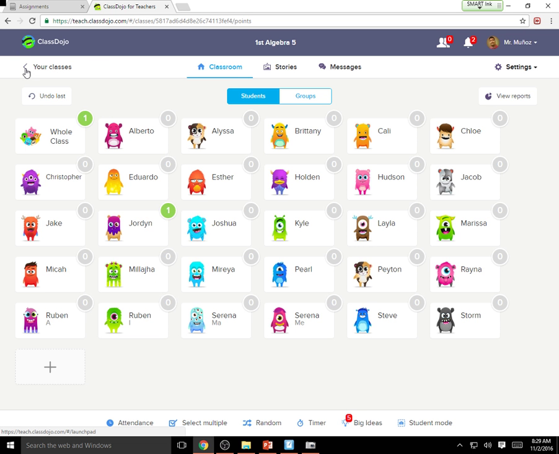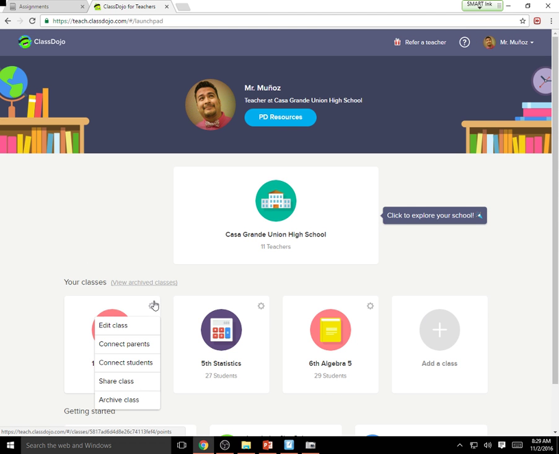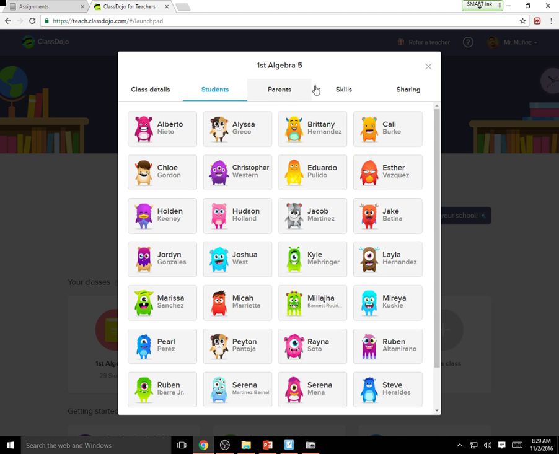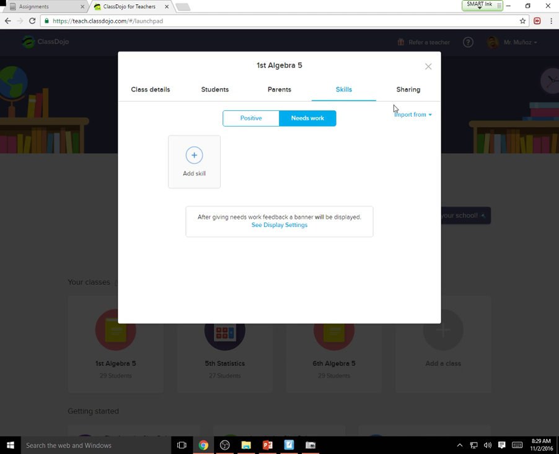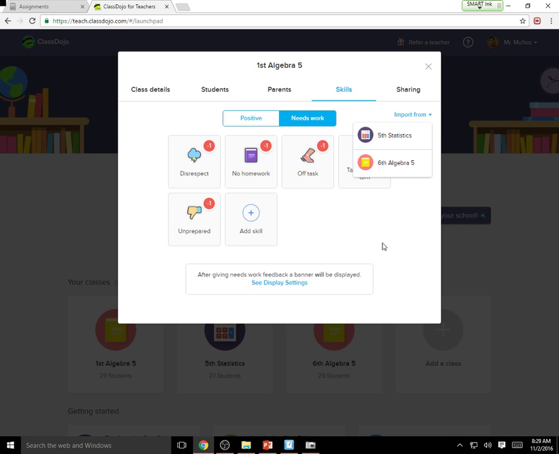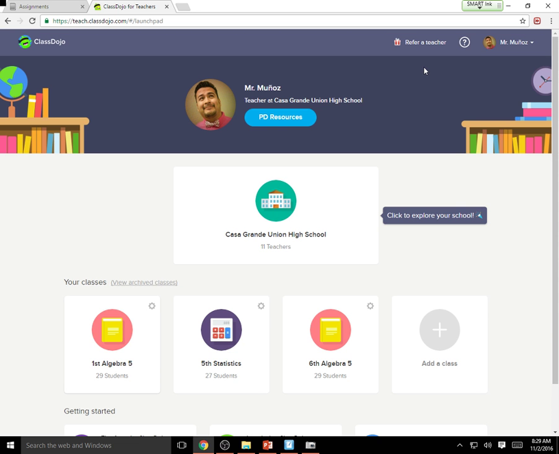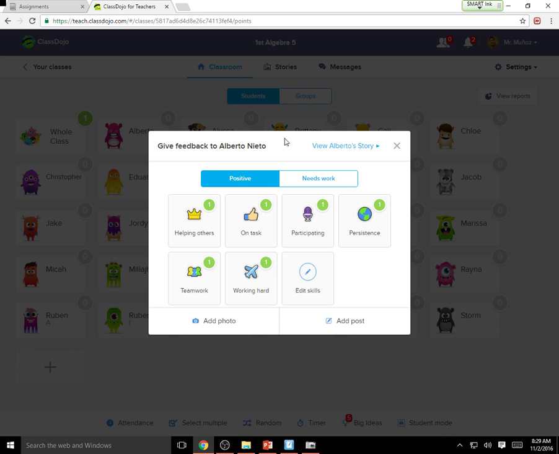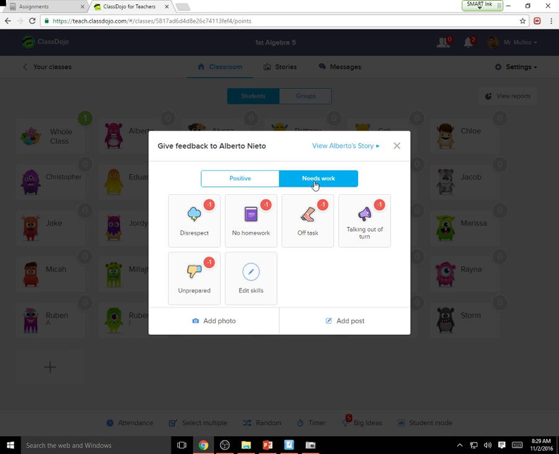I'm gonna have to import them real quick. Settings. Edit class. Skills, needs work. Import. There they are. They don't put them in automatically anymore. Oh yeah, I had you, but there was no bad stuff. Now there is.